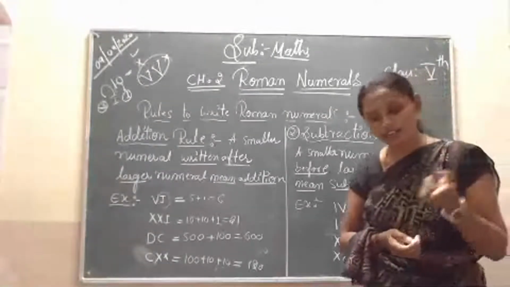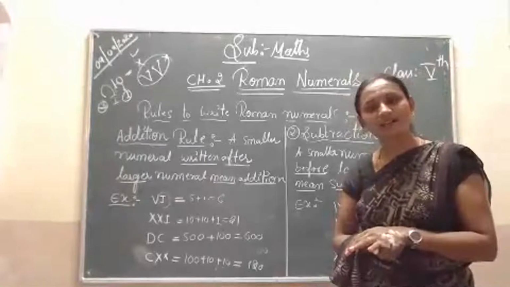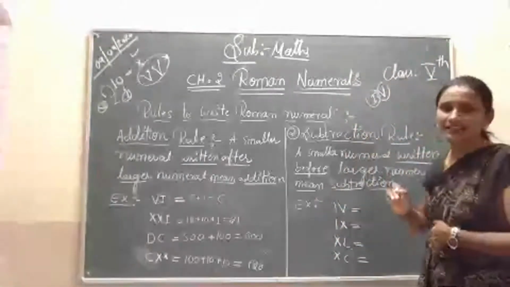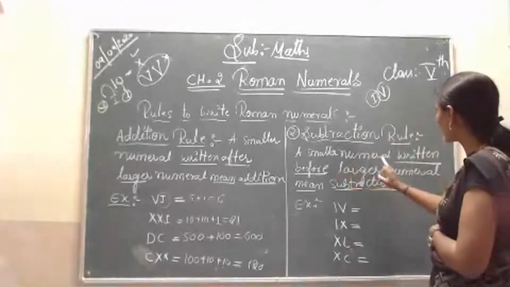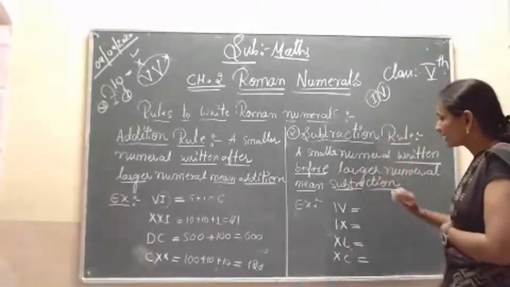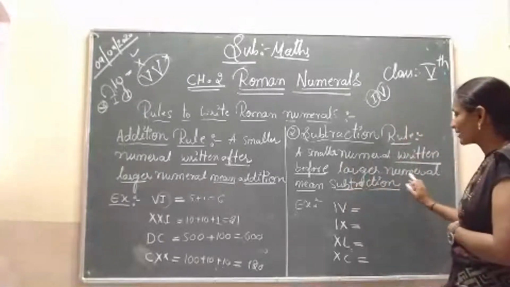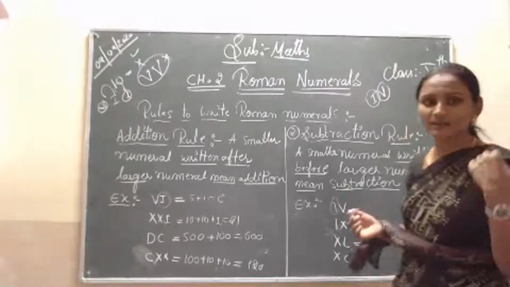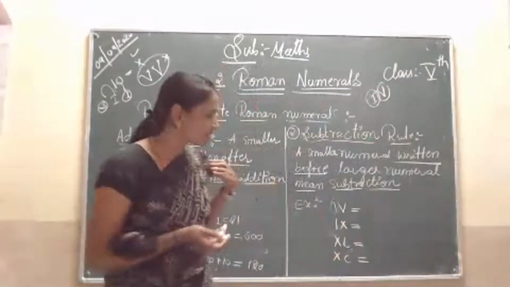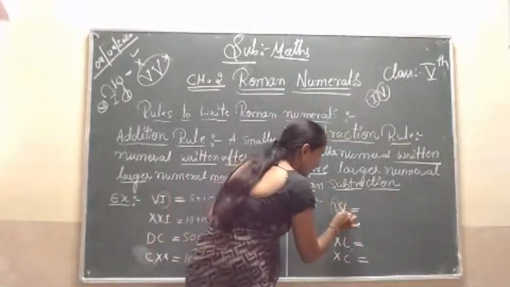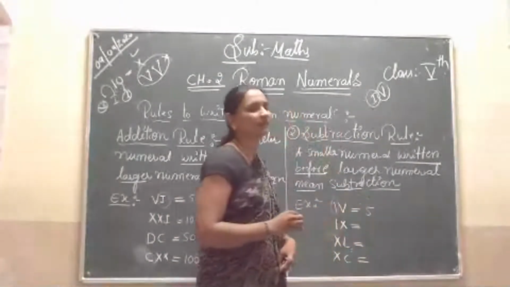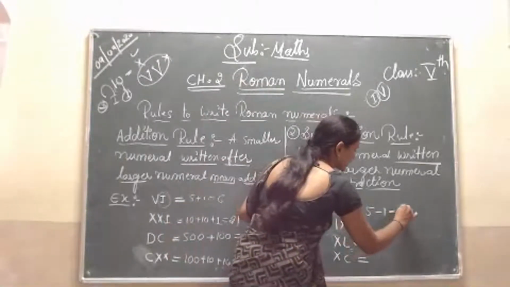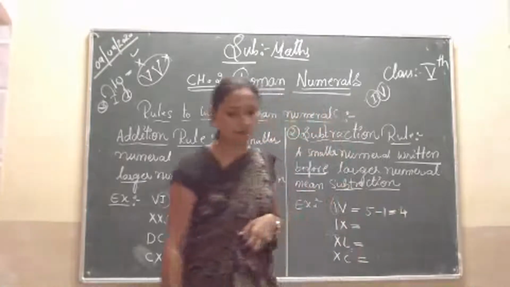I is smaller than V, V is greater than I. A smaller numeral written before a larger numeral means subtraction. So IV means the value of V is 5, and I is 1. You have to subtract them, that is 4, yes, students.